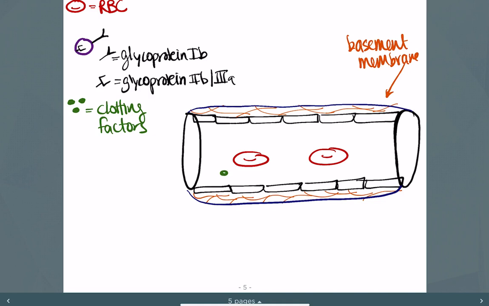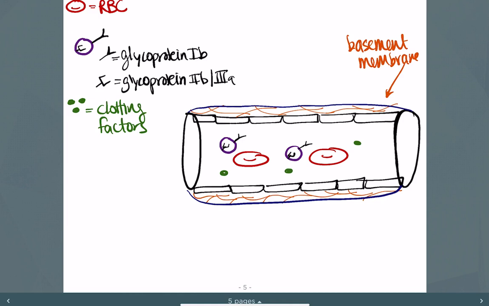So let me add some clotting factors to our blood and some inactivated platelets. They've got their nice round surface, 1b, 1b, and then tucked inside the 2b3a.